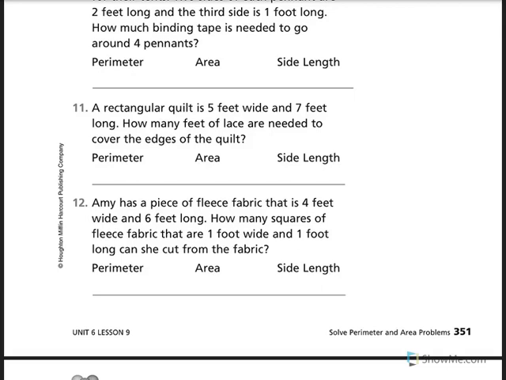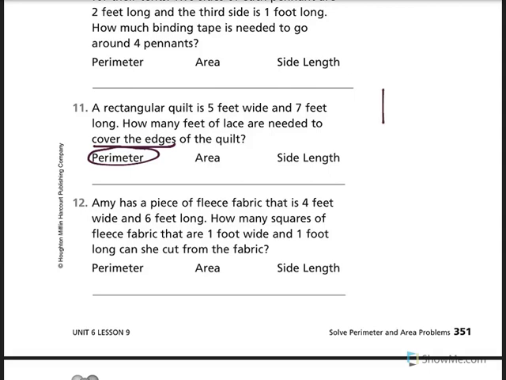Number 11. A rectangular quilt is 5 feet wide and 7 feet long. How many feet of lace are needed to cover the edges of the quilt? Now that's talking about going around the outside, so what do you think that is? The perimeter, area or side length? It's the perimeter. Good job.